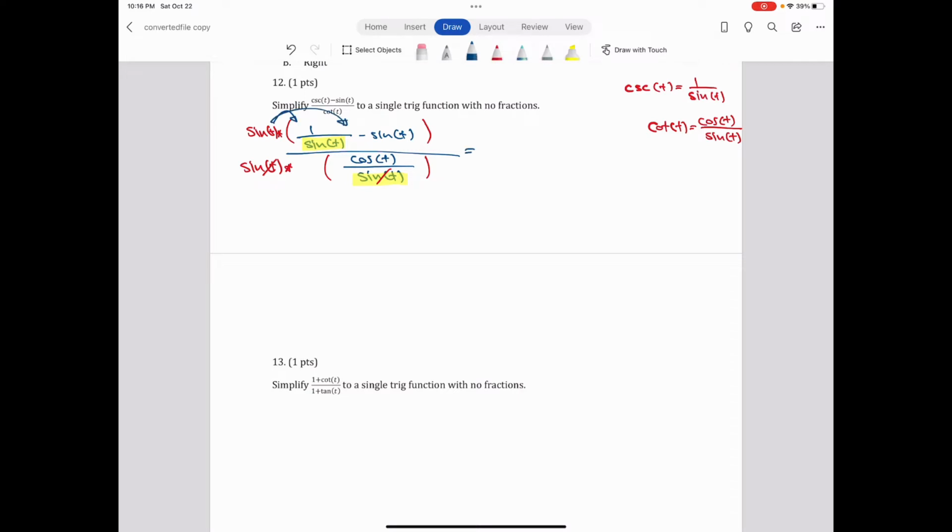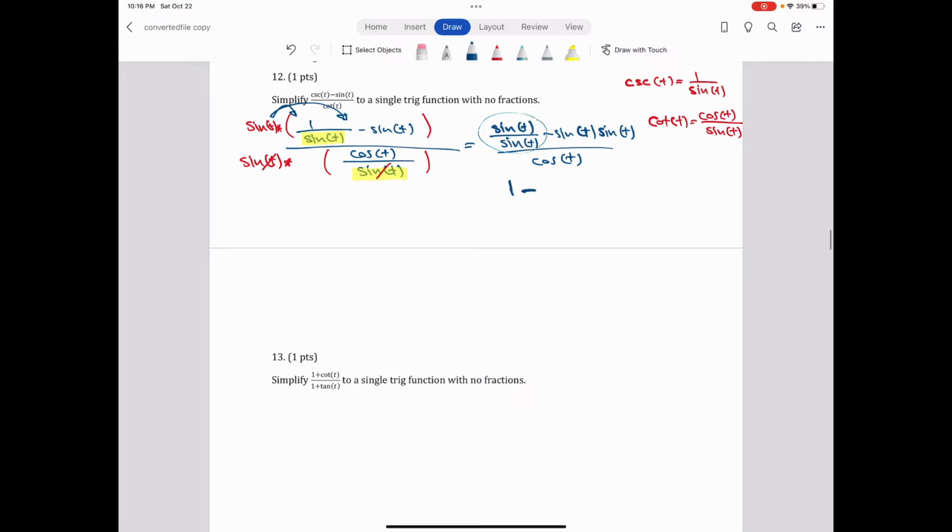So this is going to be sine t over sine t minus sine t divided by cosine t. This is equal to, sine t times sine t here. So this is equal to 1. So 1 minus sine t times sine t is sine squared t over cosine t.